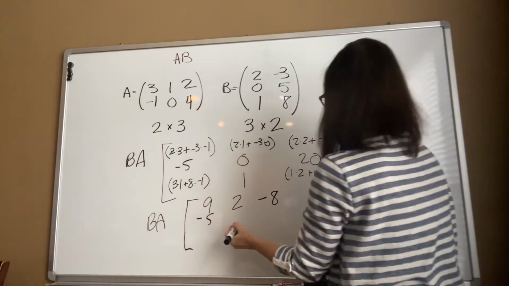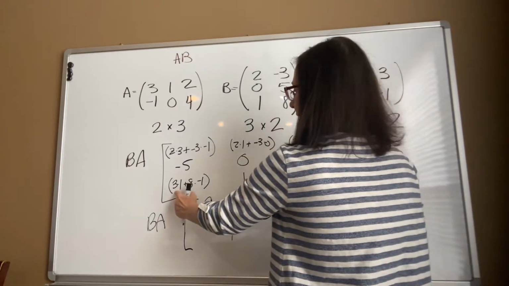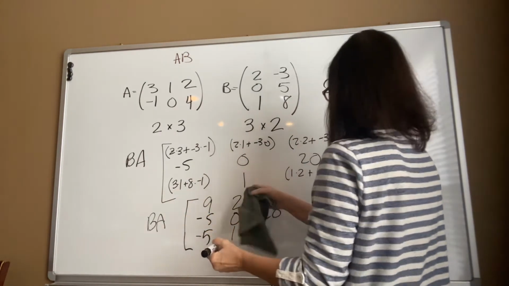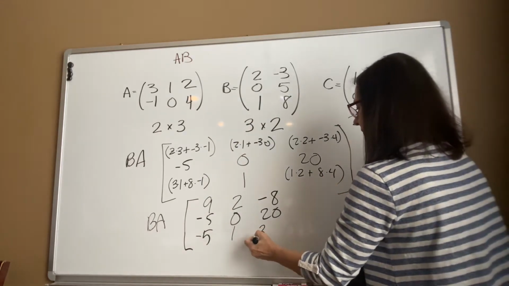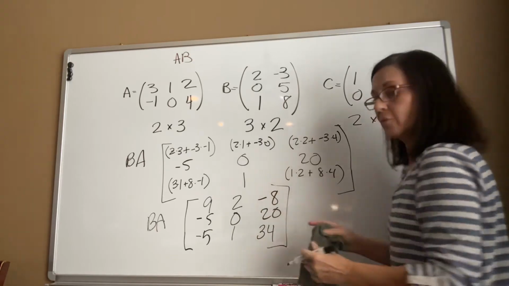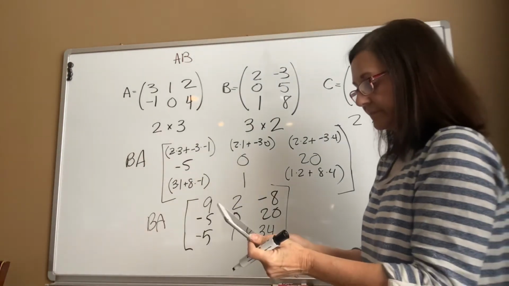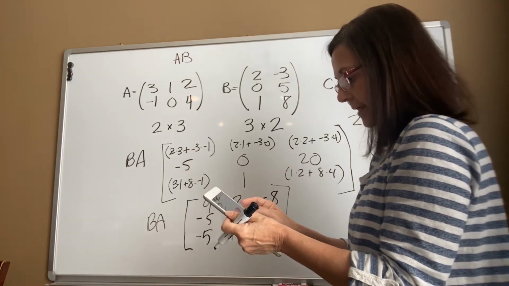Second row, negative 5, 0, 20. And then we have 3 minus 8, which would be negative 5. The 1 is there. That's 32 plus 2. That's 34. So B times A is, in fact, a 3 by 3 matrix.